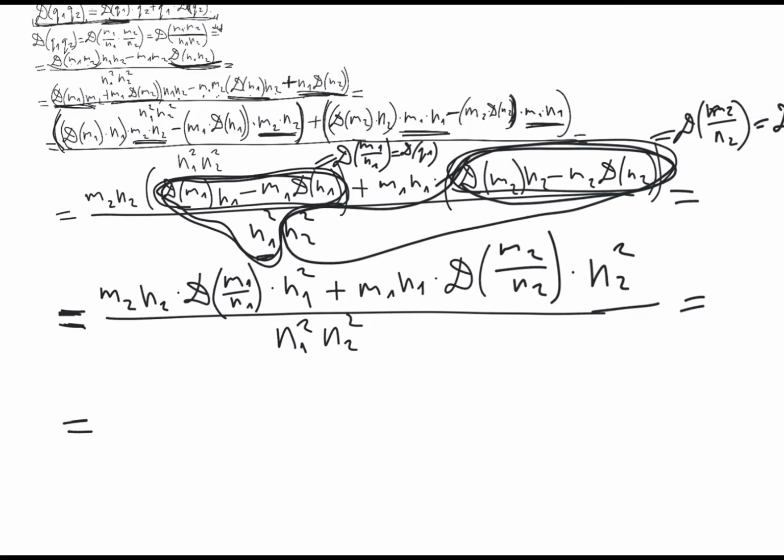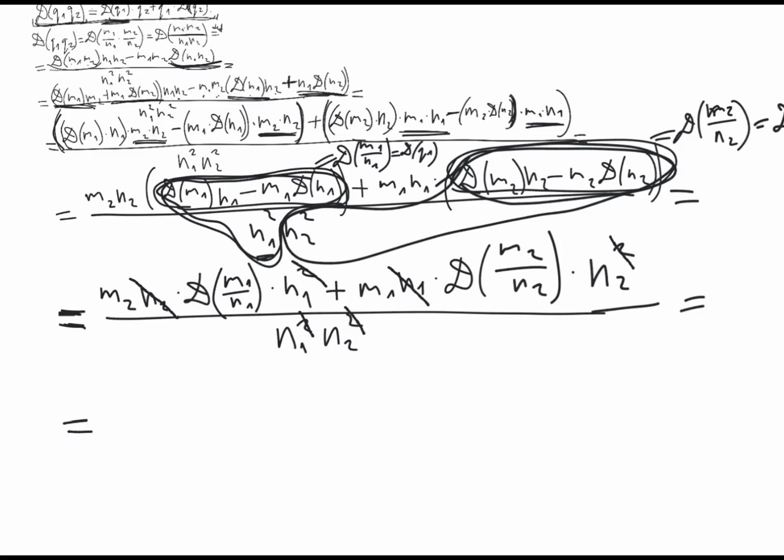Yeah, so now we just gather all the multipliers. So we cancel one of everything. So n1, n2, n1, n2, n1, n2. So we cancelled.